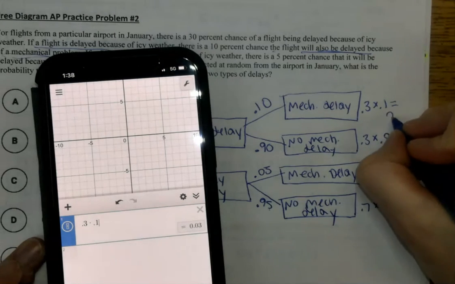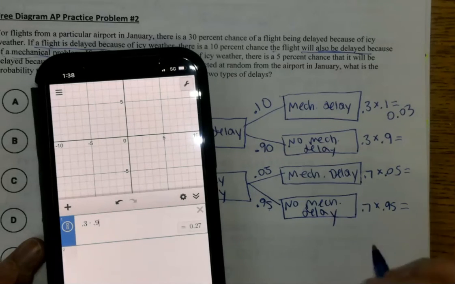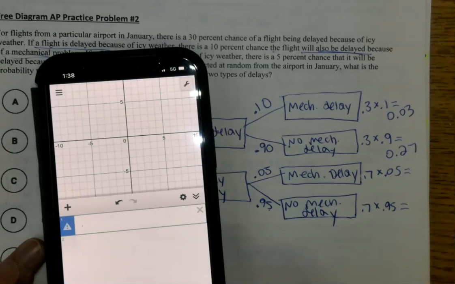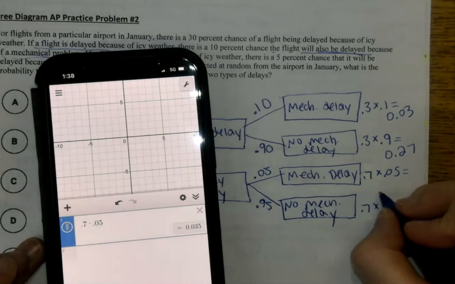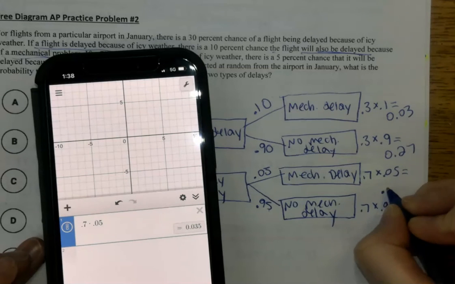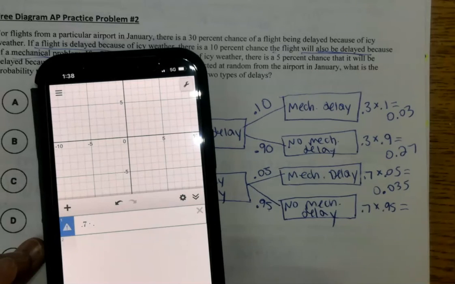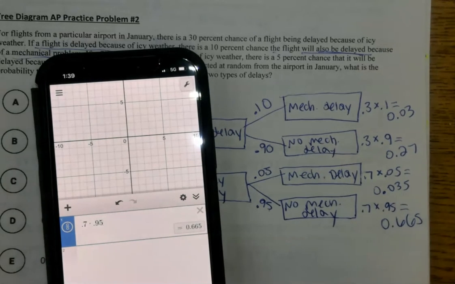All right, so it's going to give me 0.03, 0.27, 0.035, and 0.665.